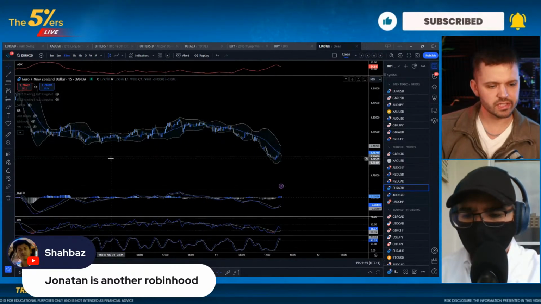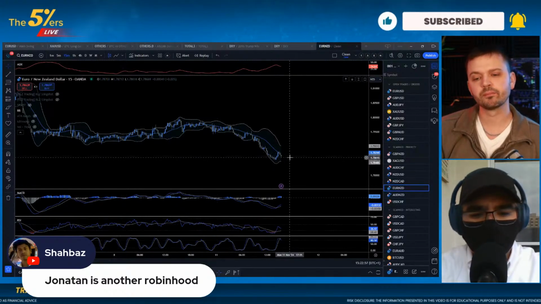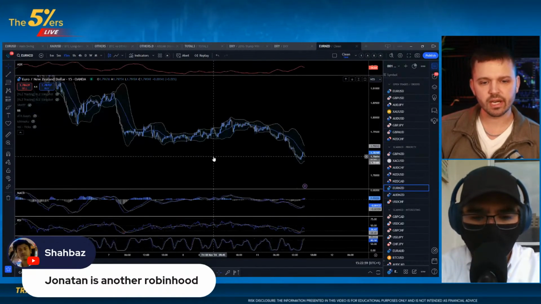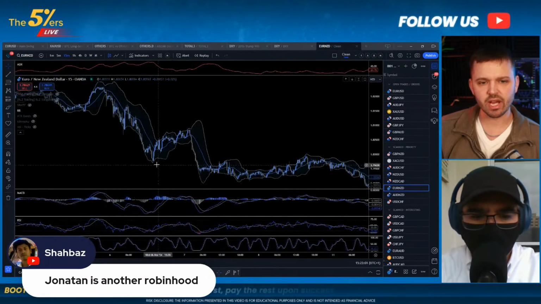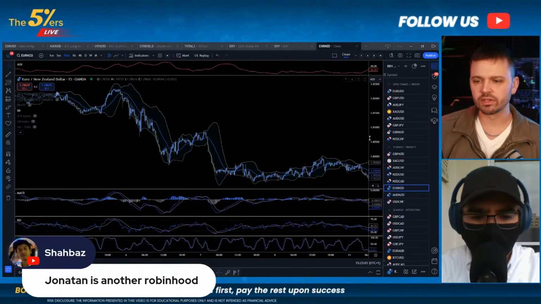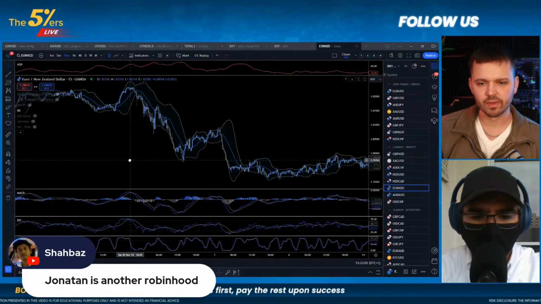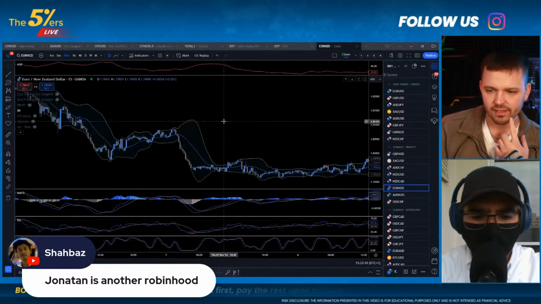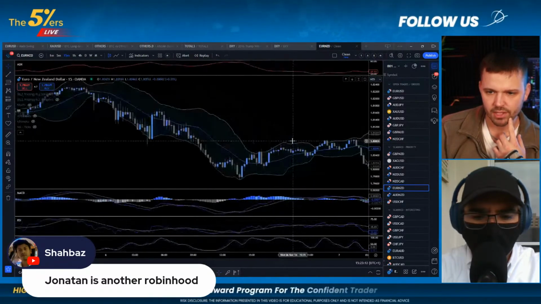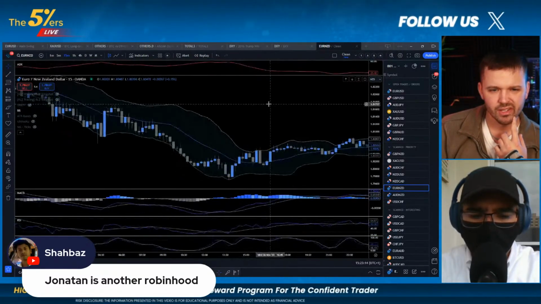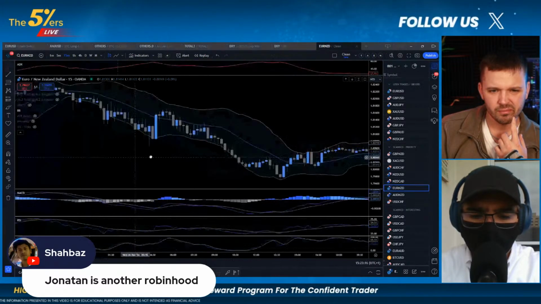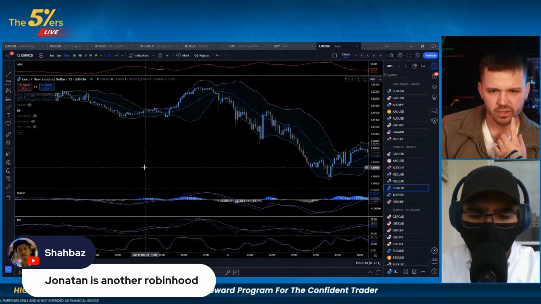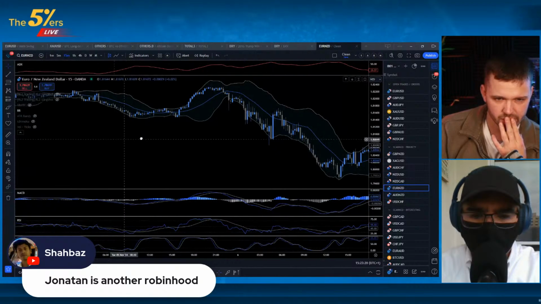Let's first decide what type of trading strategy we want to be trading here with the Bollinger Bands. I actually think using the Bollinger Bands and scalping can be quite effective, but I'm not sure I want to do that.